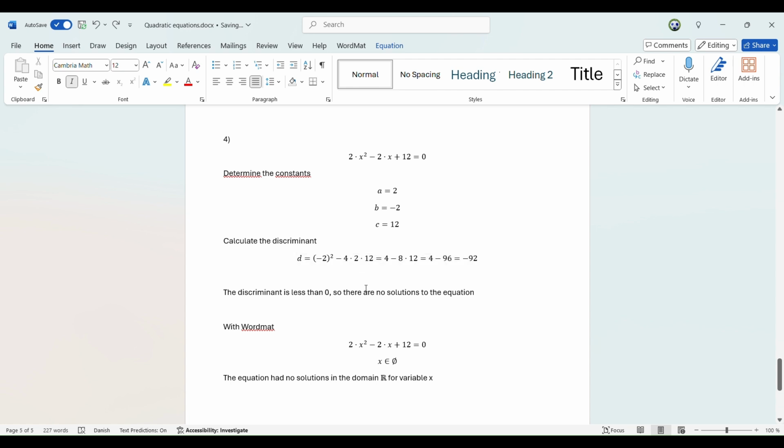We put it into our discriminant formula, (-2) squared minus 4 times 2 times 12, and this is what we get, 4 minus 96, which equals minus 92. And because the discriminant is less than 0, there's no solution to this equation.